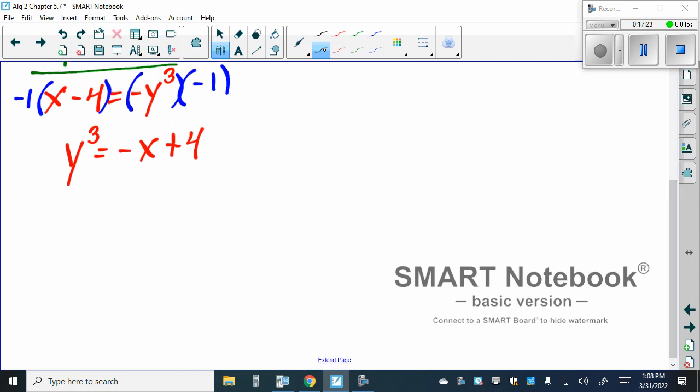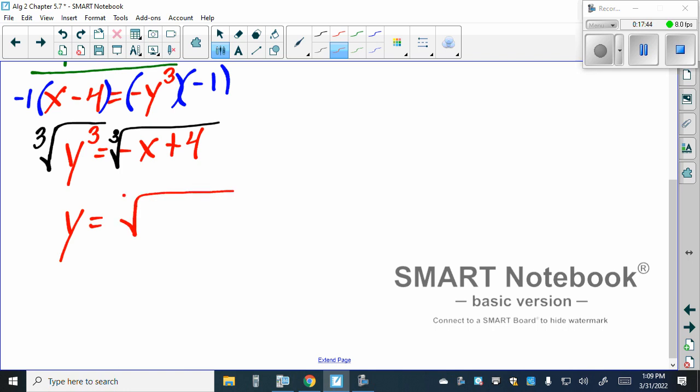All right, what's the last thing we need to do to get y by itself? Well, we have the cubed, yes? How do we get rid of a third power? We cube root it. So we'll cube root both sides. The cube root of y cubed will be y equals the cube root of negative x plus 4.